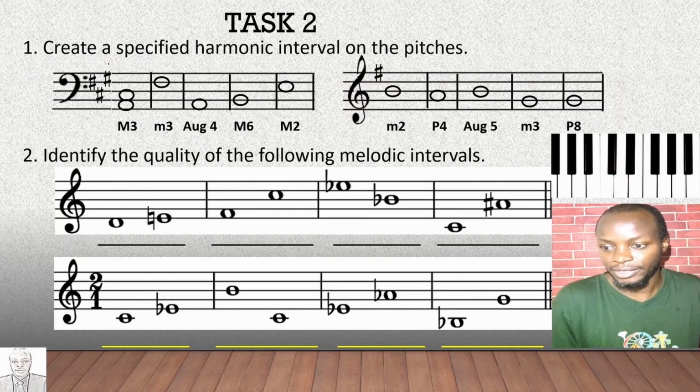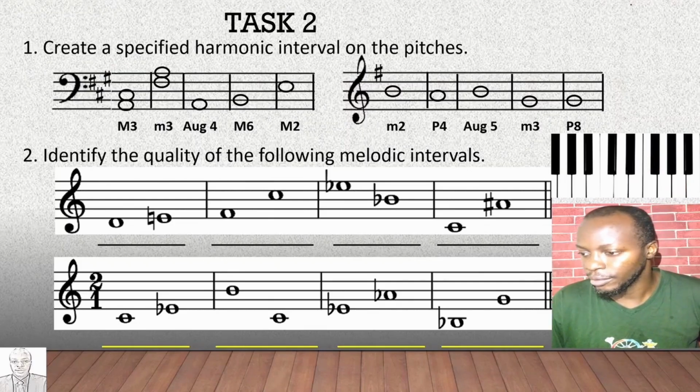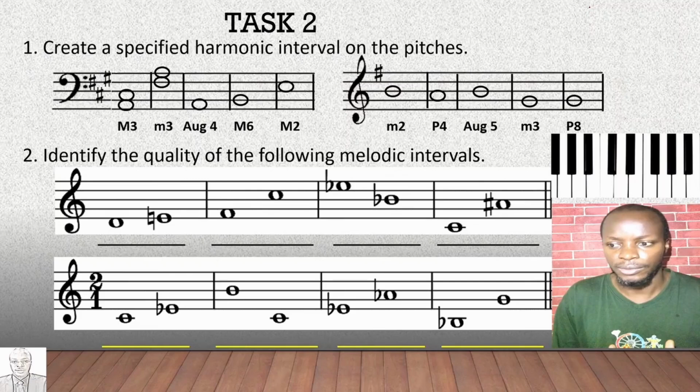There's a major third, and now a minor third above F sharp. That is from F sharp to A. That's a minor third, because on the keyboard, for a minor third we want to create 3 semitones.